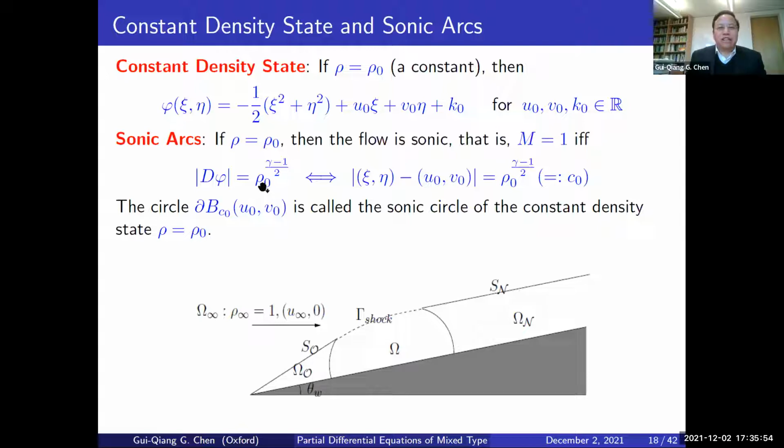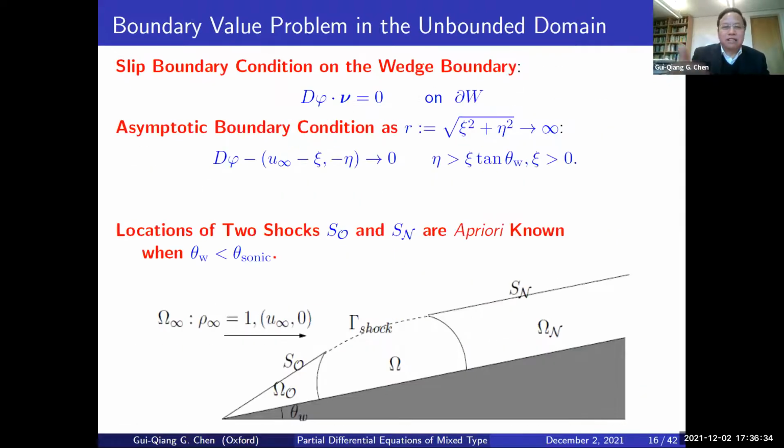For this equation, plugging into the PDE, inside the sonic circle it is elliptic, outside it is hyperbolic. For the constant case, the sonic circle is determined by the sonic speed, basically. This is where the hyperbolic degenerates, from straight hyperbolic to degenerate hyperbolic, and inside it is elliptic. So even though this is a very trivial physical solution, in some sense you still solve a PDE of mixed elliptic-hyperbolic type. This is the reason we consider that type of solution in this form.